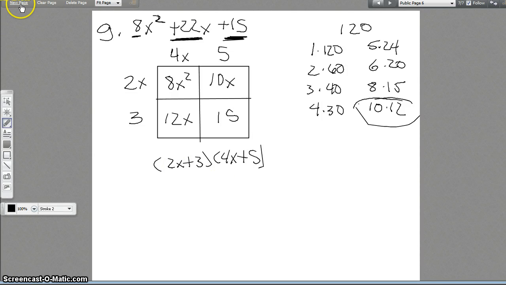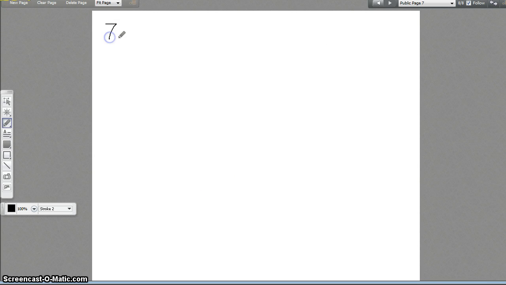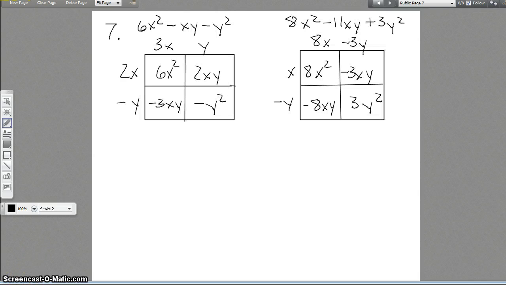Okay, so the next thing we're going to look at is number 7. Number 7 says use the diagrams below to factor each of the following polynomials. Okay, so for number 7, you're provided with a diagram which works out a polynomial. So you're given the polynomial, like part A says 6x squared minus xy minus y squared, and then there's a grid below with it worked out.